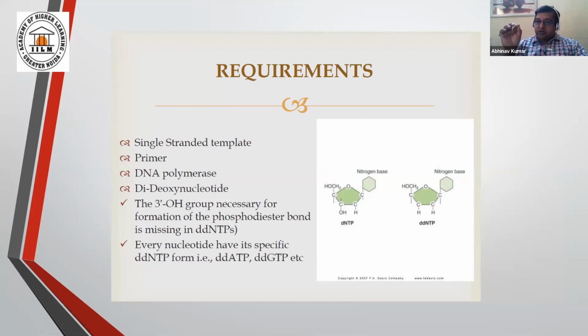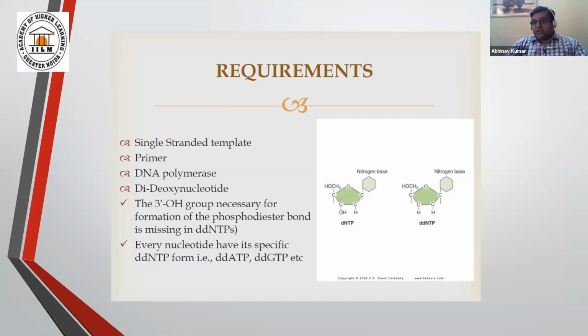So this molecule acts as a terminator for a particular nucleotide. Fine. So now you have an idea that in this method, we are using one terminator, because it has a specific function.